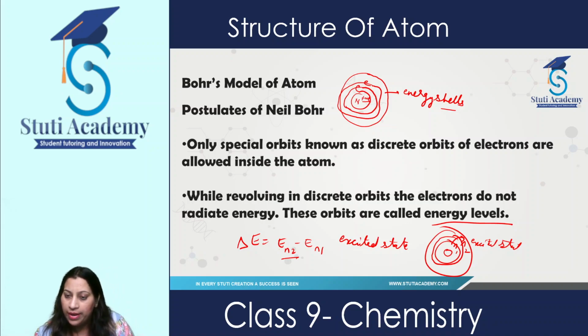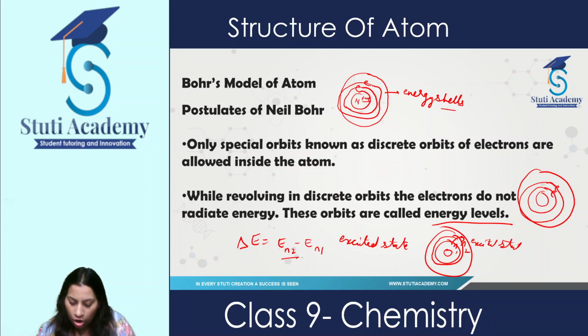And second, these are the electrons which are revolving in the orbits. When they jump from higher to lower, that is En2 to En1, they are emitting energy.